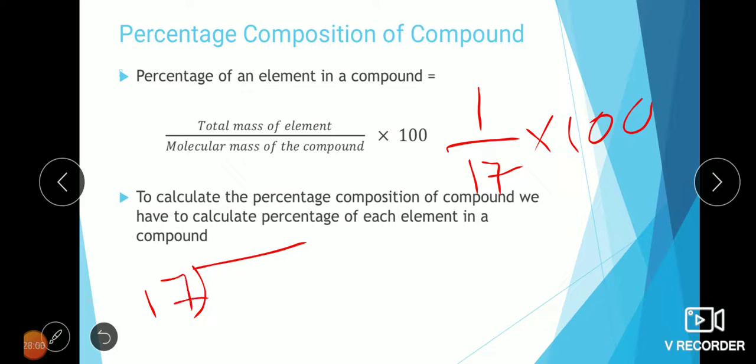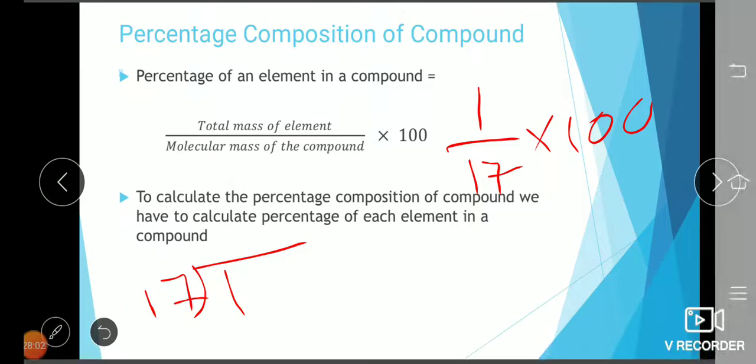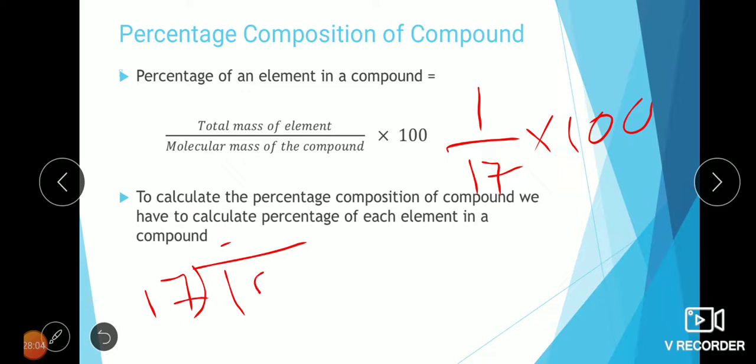Divide again, 17 into 1.00. You can divide it, you will get the answer.